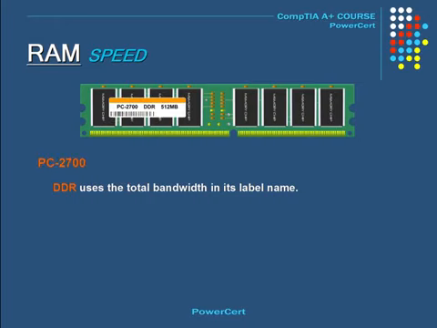The 2700 is not the clock speed, but it's the actual total bandwidth. The clock speed for PC2700 is 333 MHz. So 333 MHz times 8 bytes is rounded off to 2700 megabytes per second, which is where we get the name PC2700.